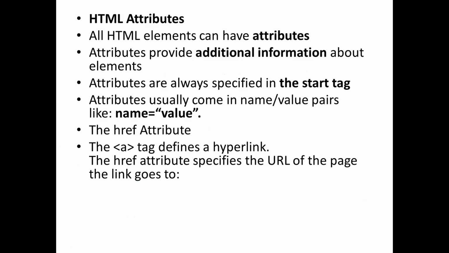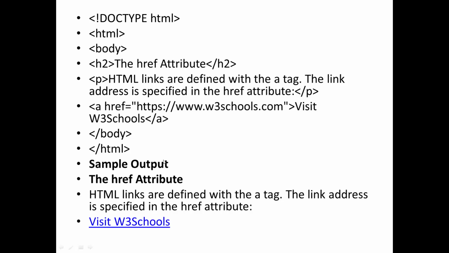Here we can use the href attribute, and this href attribute is used in the anchor tag. Now we'll see this: a document type HTML, root element, body tag, and in H2 size I want to define the href attribute content, and I'm closing the H2 tag.